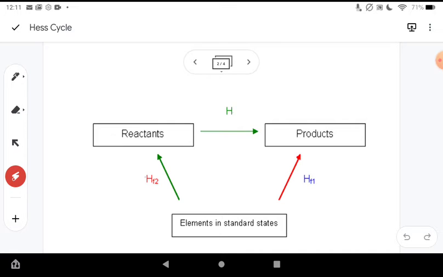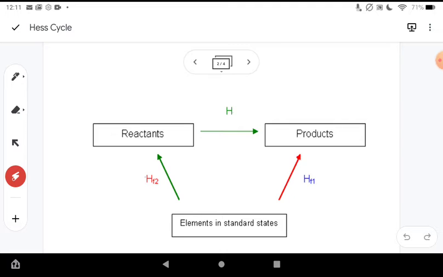But it wouldn't just be iron and oxygen, it would be iron as a solid, Fe(s), and oxygen, O2(g), as a gas. So it's the way those elements are found in standard conditions by themselves. That's the enthalpy change of formation.